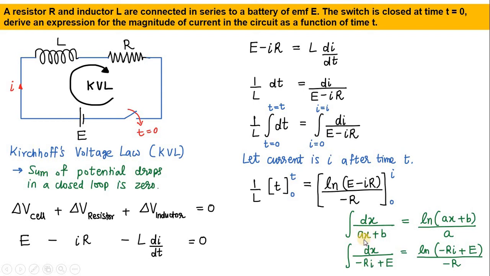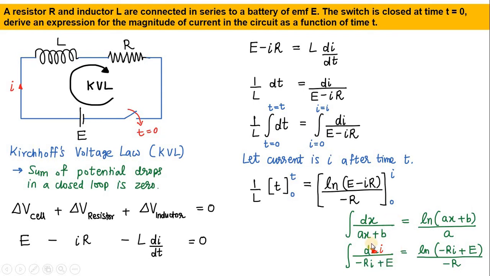Because x is a variable, so I is a variable, a is a constant, minus R is a constant, b is a constant, E which is the EMF of the cell is also constant. So we can compare both of these. And let me make a correction here: this here is actually di, not dx, this is di.